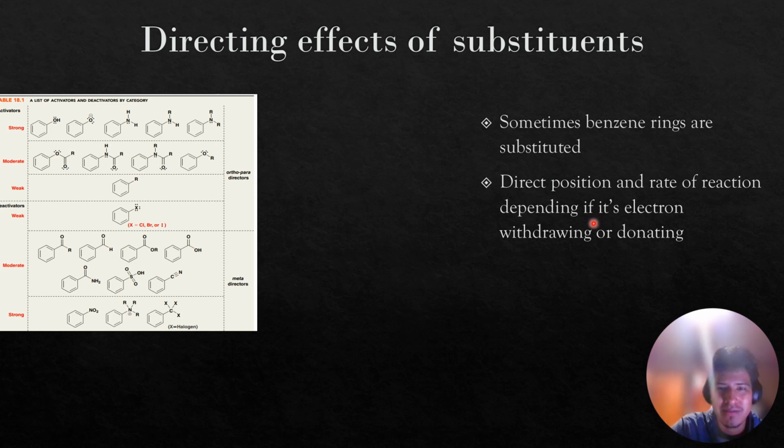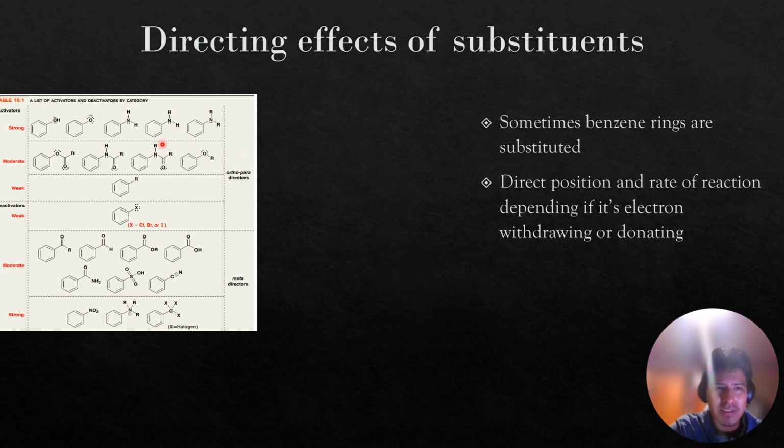If it was an electron withdrawing group, it would do the opposite, and it would direct the bromine atom to a different position on the ring.